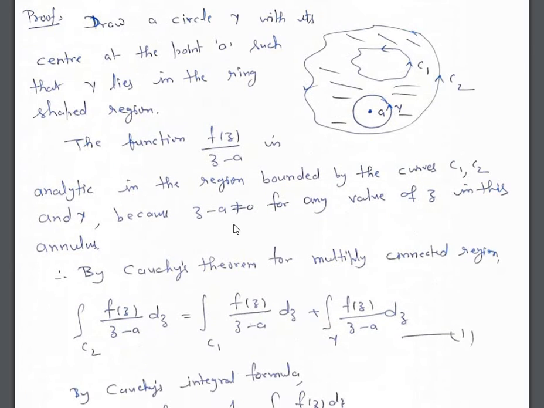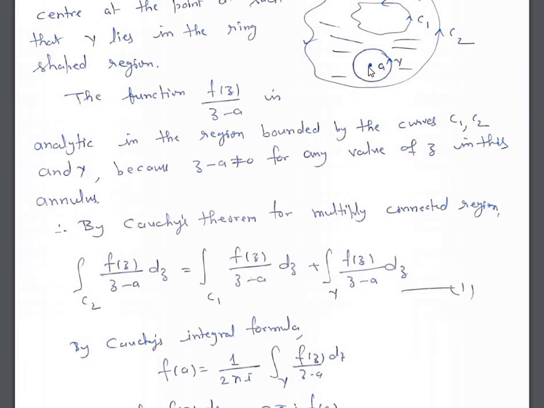Now because f(z) upon z minus A is analytic in this region bounded by C1, C2 and gamma, therefore by Cauchy's theorem for multiply connected regions, we have integral over C2, means outer curve, integral over C2 f(z) upon z minus A dz is equal to the sum of these integrals over these two contours, integral over C1 f(z) upon z minus A dz plus integral over gamma f(z) upon z minus A dz.